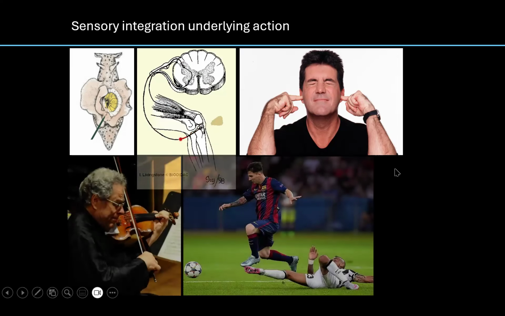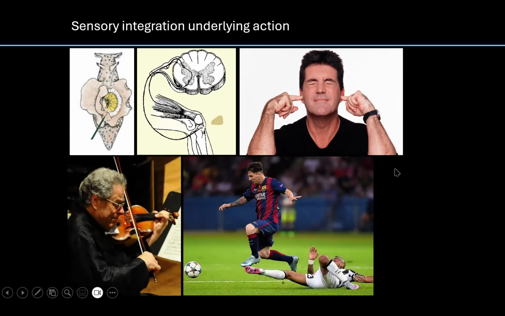sensory input, but it can also involve very sophisticated, complicated movements and very simultaneous integration of sensory information from different modalities, different parts of the body to produce complex motor output.